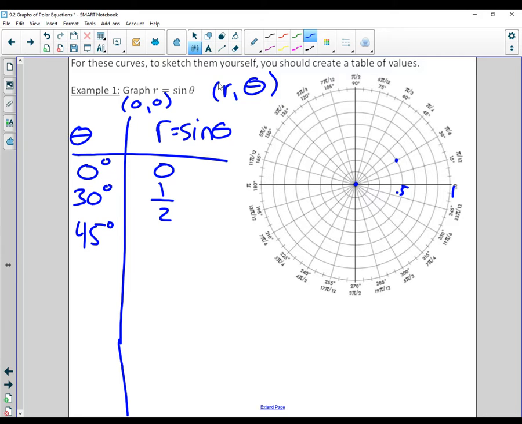45 degrees. Square root of 2 over 2. What's the square root of 2 over 2 in a calculator? Someone do it for me. This one's dead. We need the rechargeable ones. Colin's got me. Square root of 2 divided by 2.